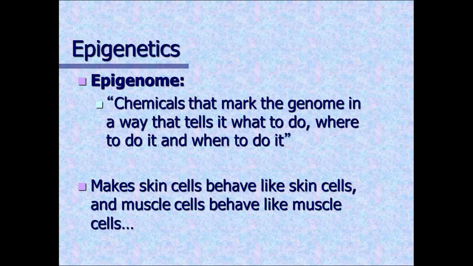Your genome is your DNA, those alleles that we've talked about that tell you what you're going to look like and how you're going to behave. But those genes can be modified, and that modification comes from the epigenes. Your epigenome are the chemicals that mark your genome. It tells it what to do, where to do it, and when to do it.